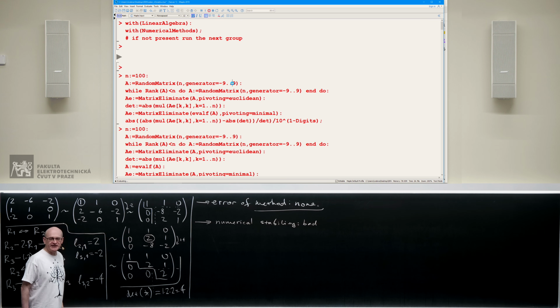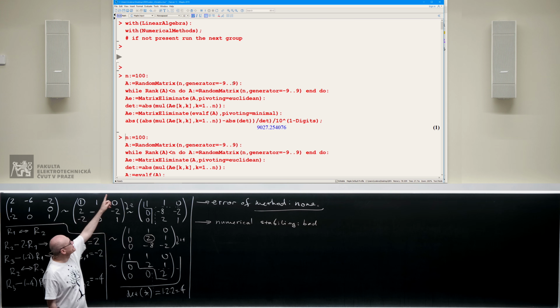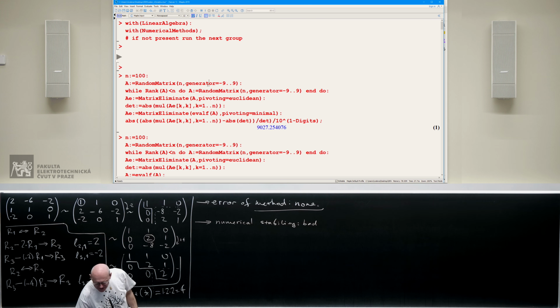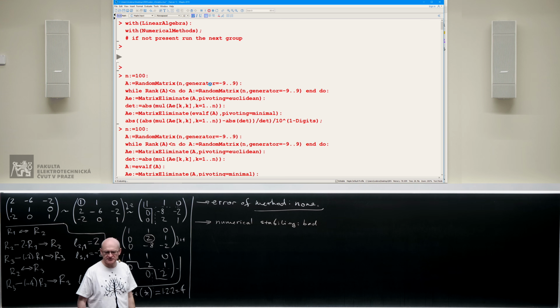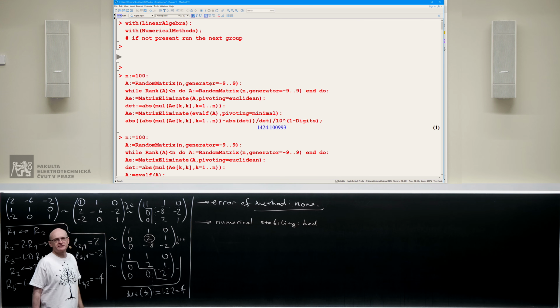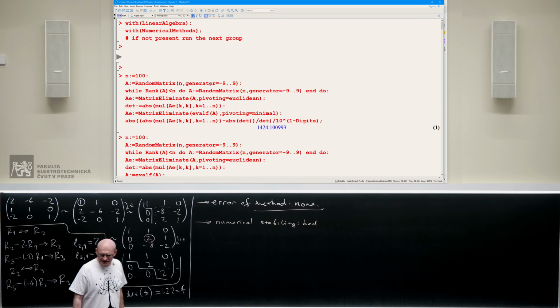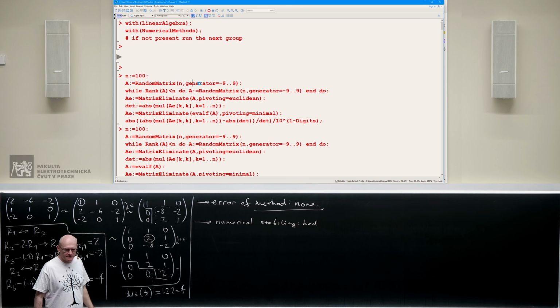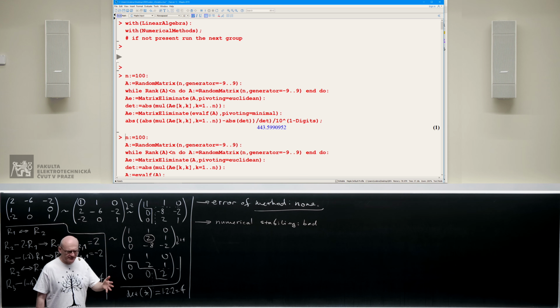So that's something to be expected, but for larger matrices, oh, 9,000, nice. For larger matrices, things could get much, much worse, but we don't have time for that, understandably, and you will understand more about it later. So let's run these experiments one more time, just to give it a chance to surprise us. Once I got something like 4, which was very nice. 400. Okay, that's fairly standard.